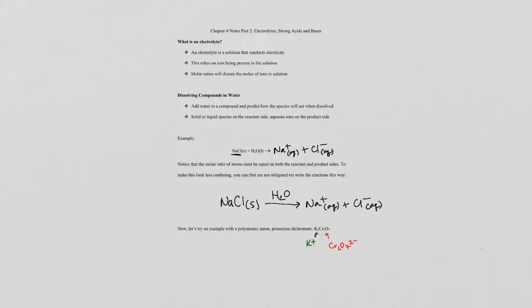So we can do these reactions with potassium dichromate as well. So we can go K2Cr2O7 solid, nice long arrow, H2O over the top to show that I'm dissolving in water. And I get, and actually try and do the products yourself before I fill it in. So pause the video, see if you can figure out what this is going to be.